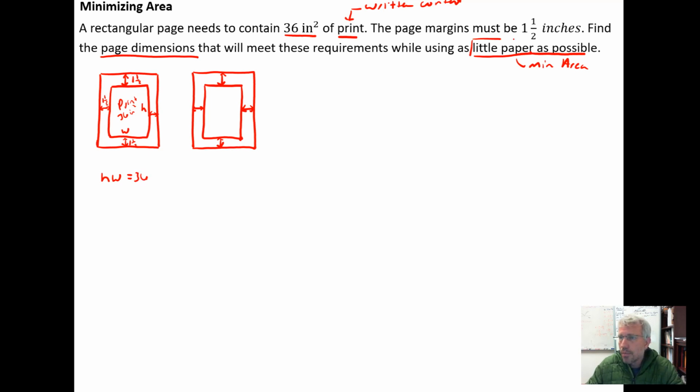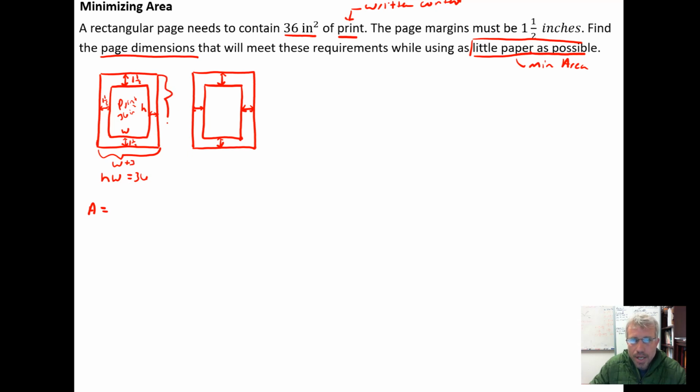But using as little paper as possible, I'm trying to minimize the area of the entire sheet of paper. So this function, or this model, doesn't describe the area of the paper itself that's being used. So what I would need to notice is that to get the area of the entire sheet of paper, I would need to take the interior width and then add 1.5 extra inches to a side, so the outer width is actually going to be the interior width plus 3.